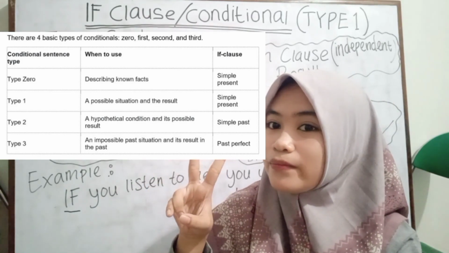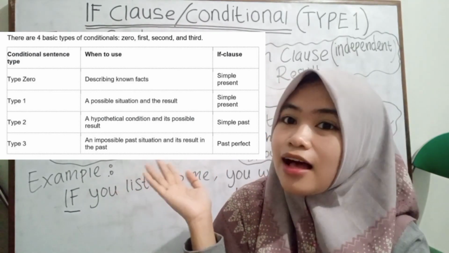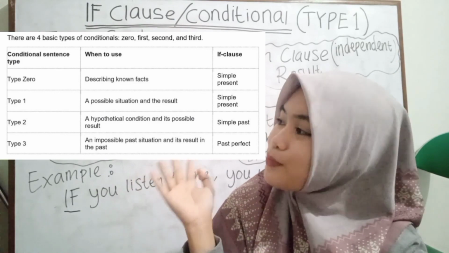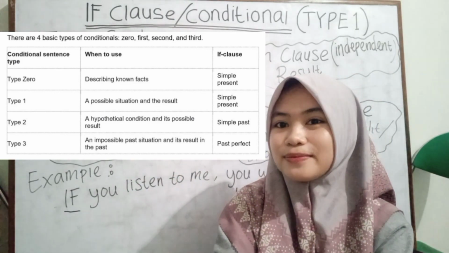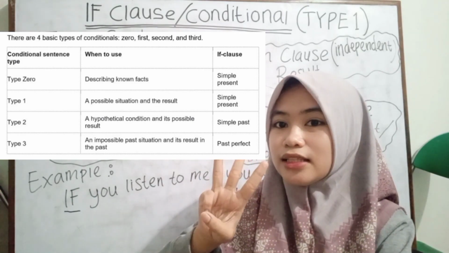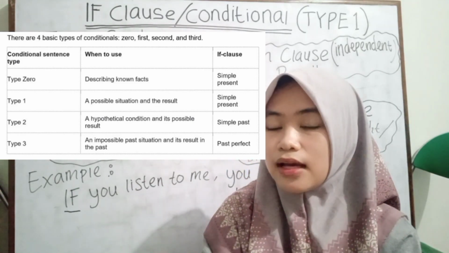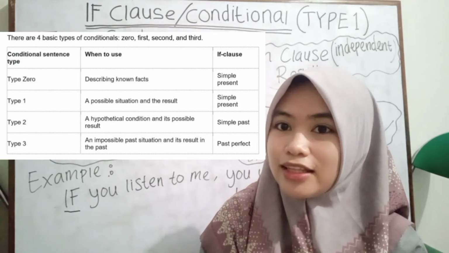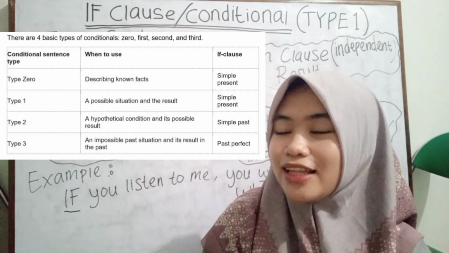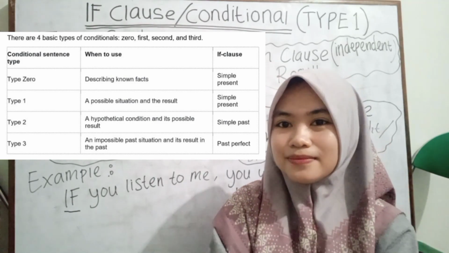Type 2 is a hypothetical condition and its possible result, using simple past. Type 3 is an impossible past situation and its result in the past, using past perfect.